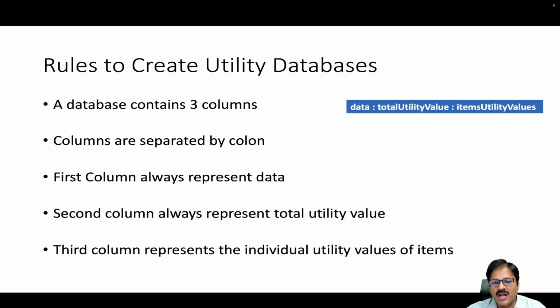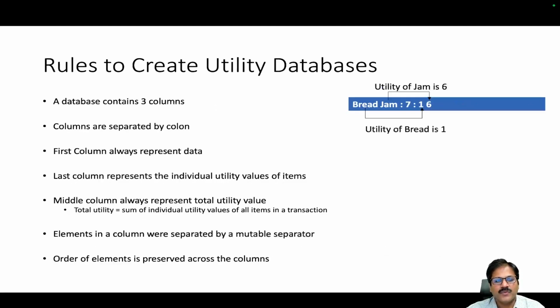The third column represents the individual utility values of the items. So this way the three columns have to be structured. We cannot change the order of these columns. Okay, so the order of the columns should not be changed.